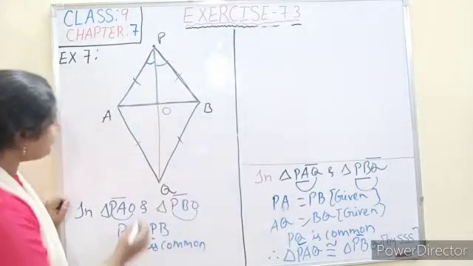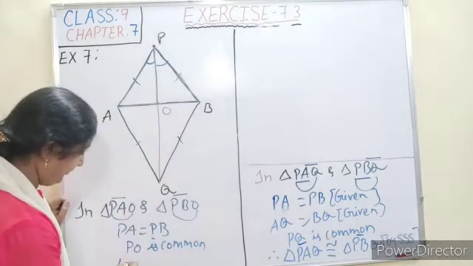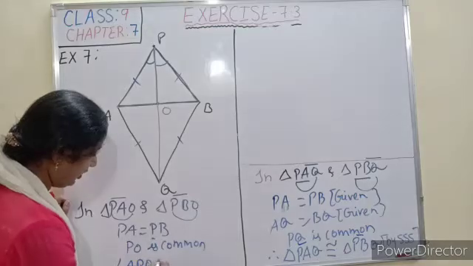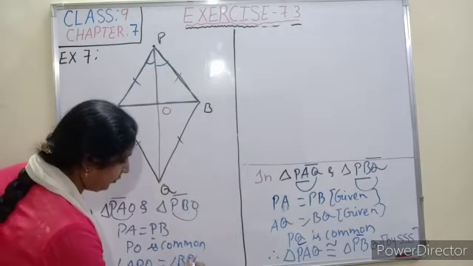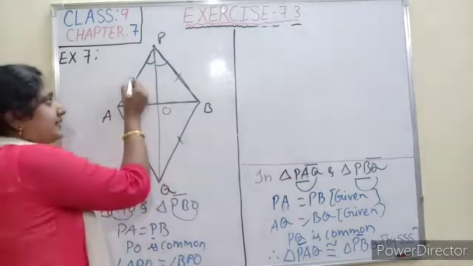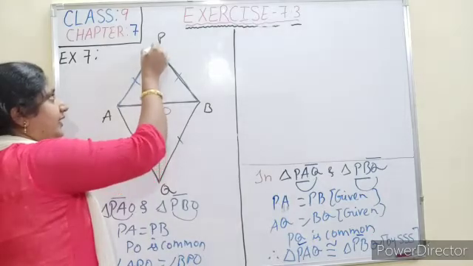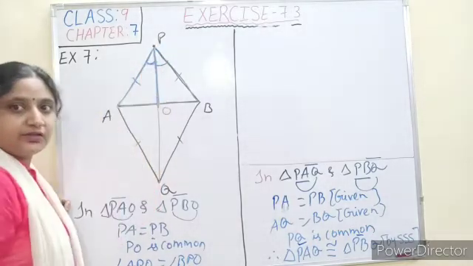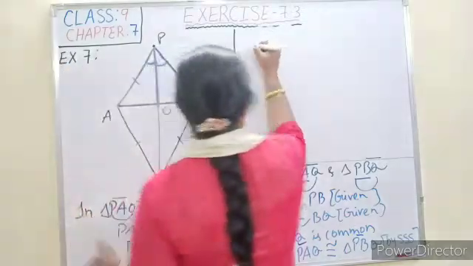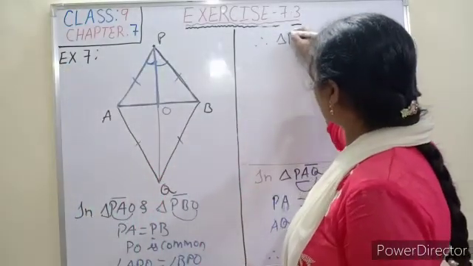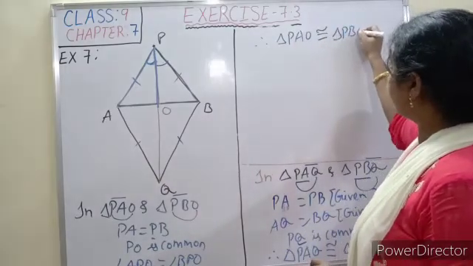So that means angle APO equals angle BPO. So yes, side, angle, then side. So by SAS congruent rule, these two triangles are congruent to each other.